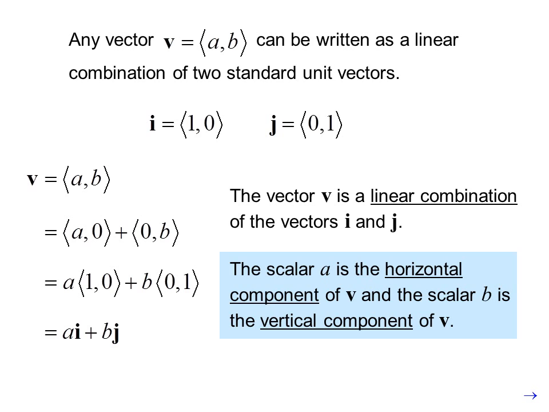This might be a good time to point out that the standard typeface for vectors is a boldface type, which doesn't show up well in my handwritten notes, but comes out pretty clearly on the PowerPoint lectures.